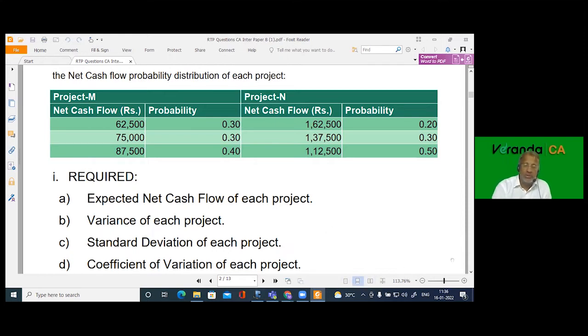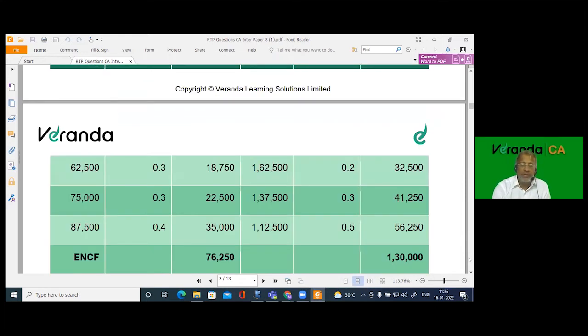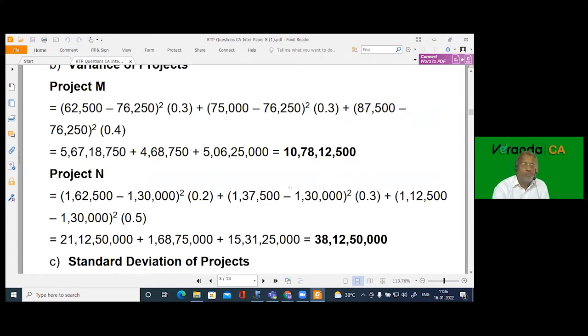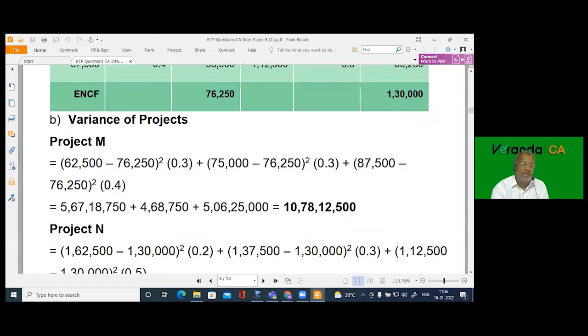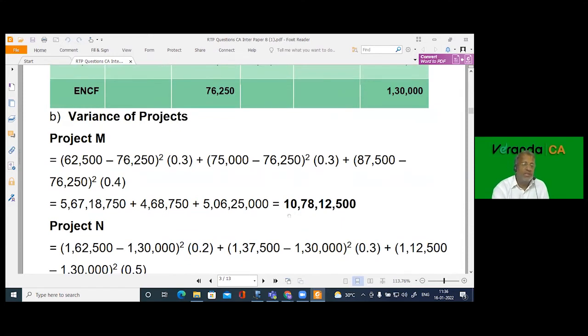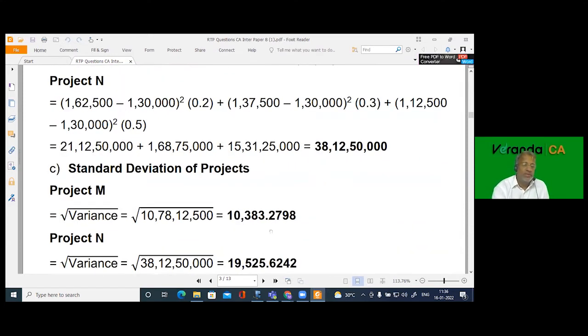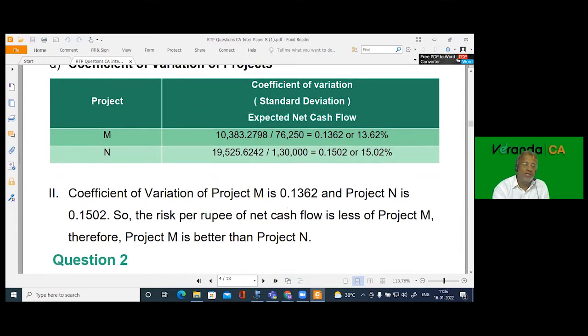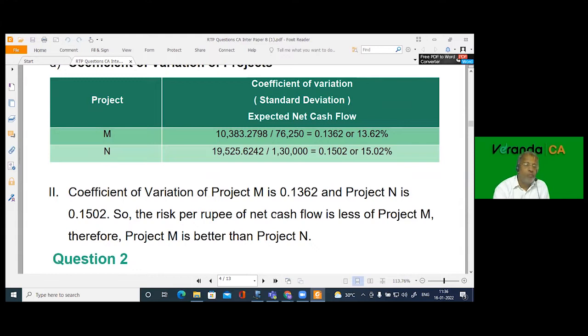So now I would like to take up 76,250 and 1,30,000 in the second case. Variance of the project is worked out. Standard deviation of the project is worked out. Coefficient of the project is worked out. Based on the coefficient, we are expected to arrive at the final answer.